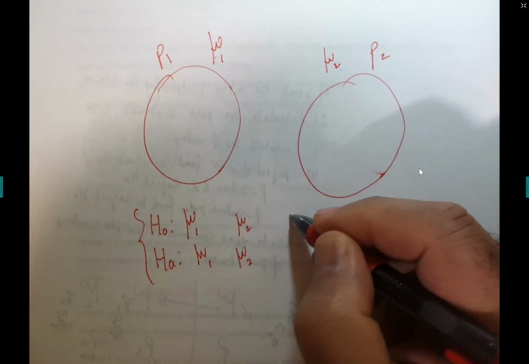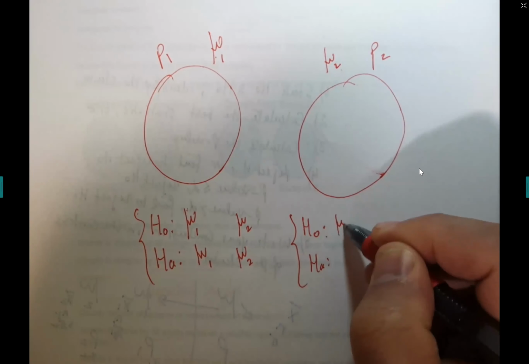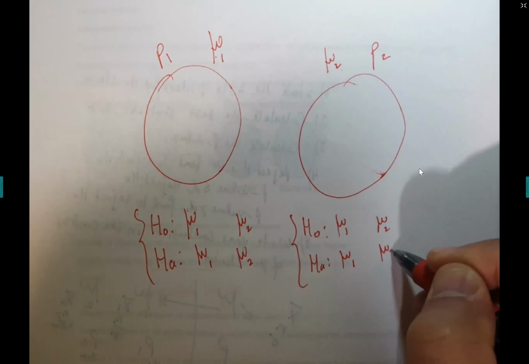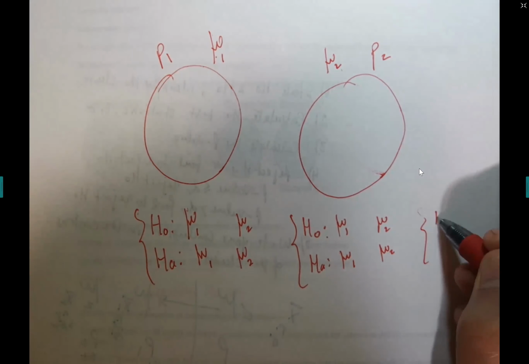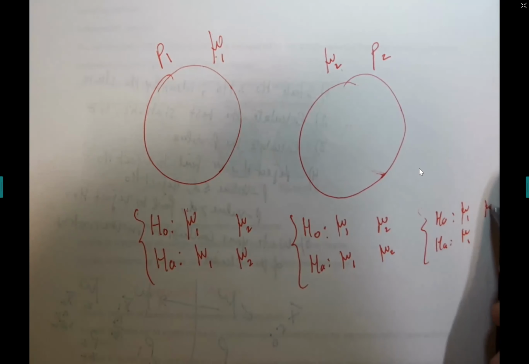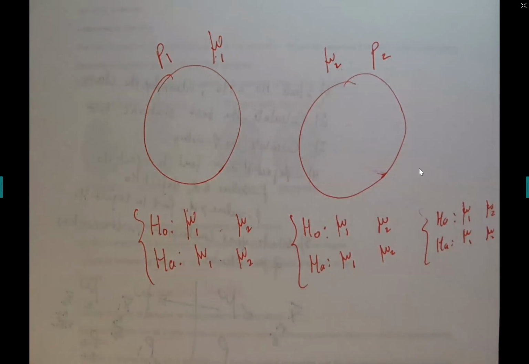I'm going to have you help me fill this out. There's one scenario, and there's a third one. Any guesses, guys? What would I put there? What signs can I put there?